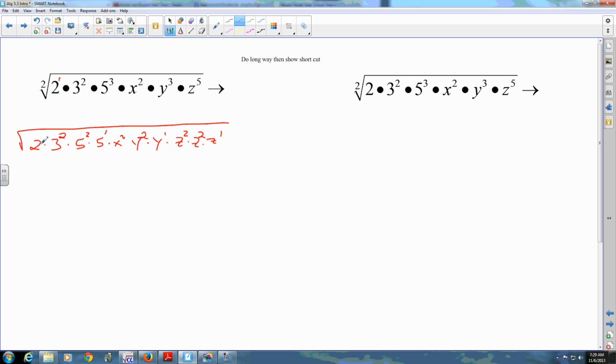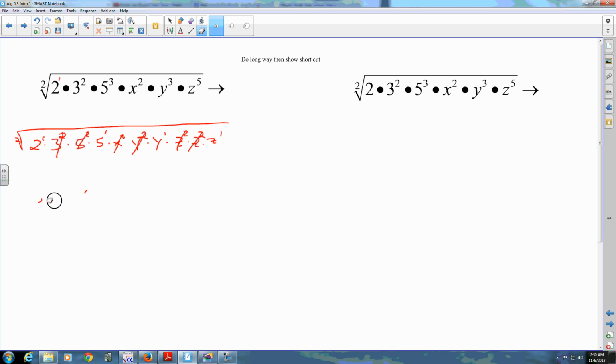Anything that has a power that's matching the square root pops out. So the 3 is going to pop out, the 5 is going to pop out, the x squared is going to pop out, the y squared is going to pop out, and both z's are going to pop out. Okay, let's try this again.